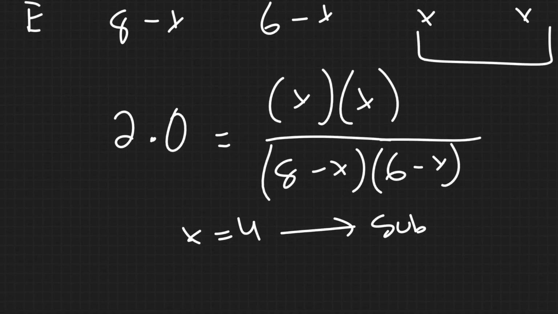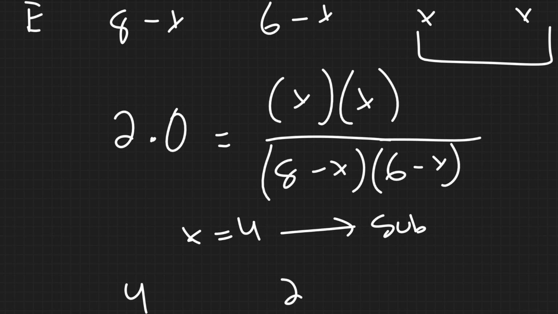So now we know that our equilibrium concentration for water is going to be 8 minus 4. So that's just going to be 4 for water. And then for our CO gas, it'll be 2, because 6 minus 4 is 2.